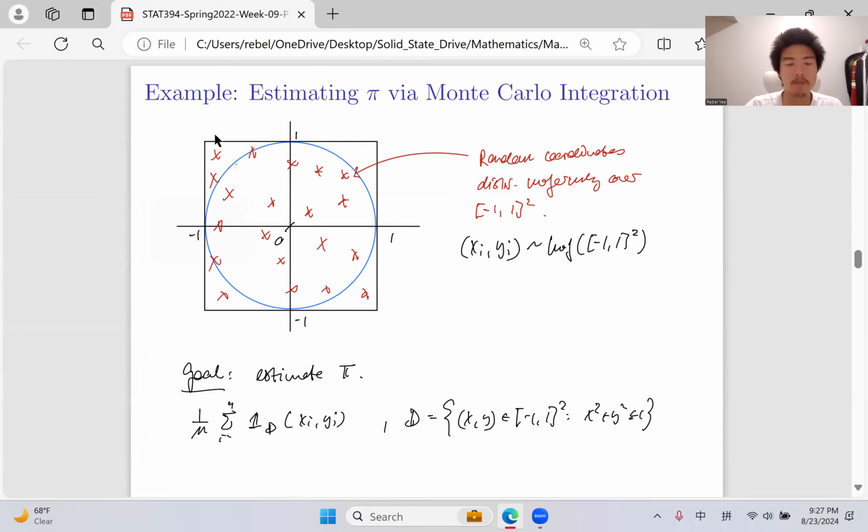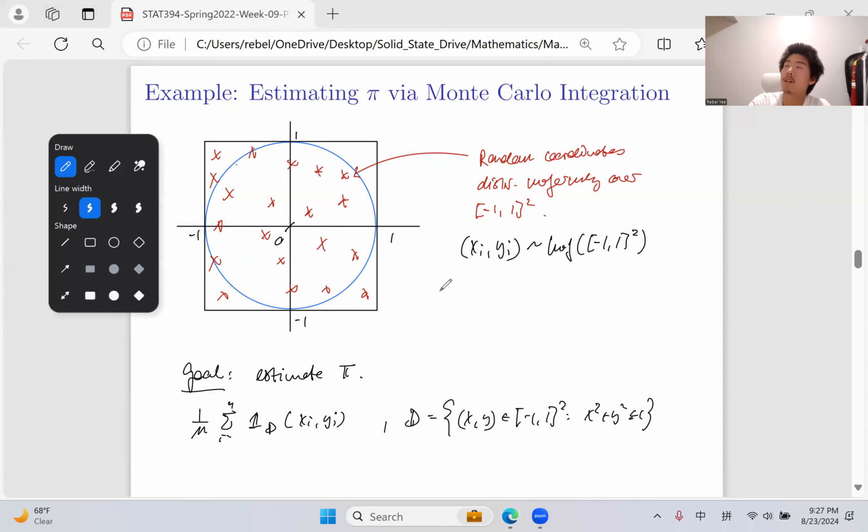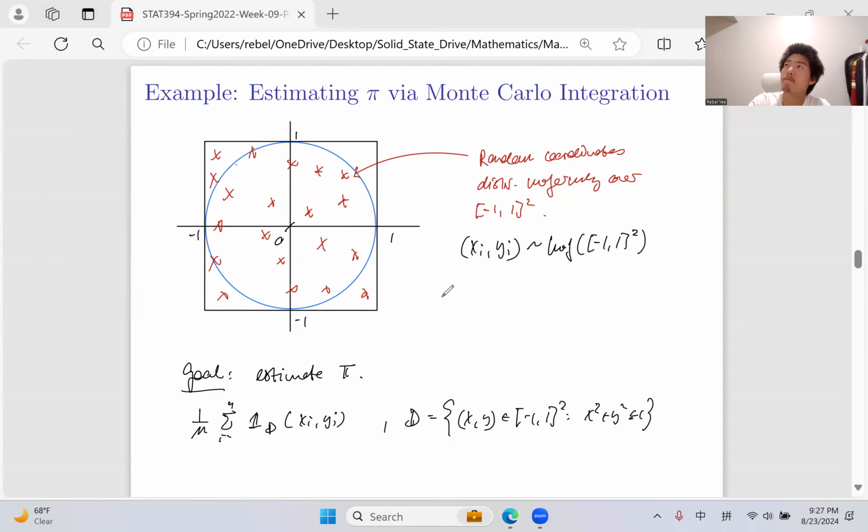As far as we know, this circle has a radius of 1, right? And we know the area is calculated by pi r squared, and the circumference is 2 pi r.